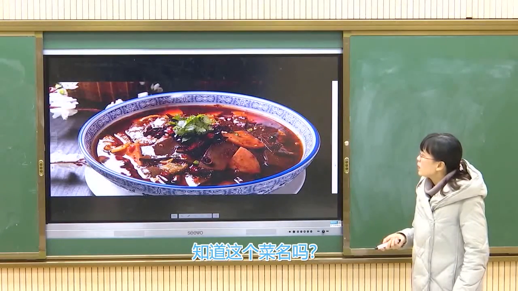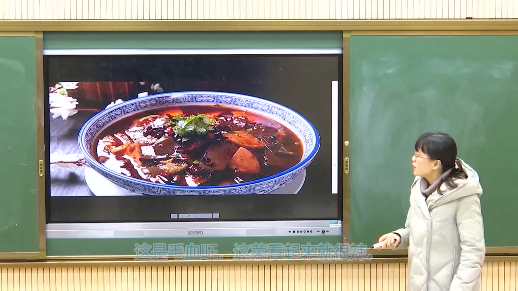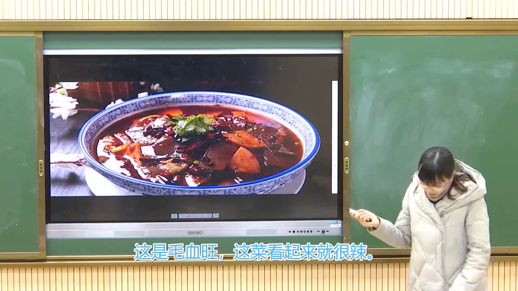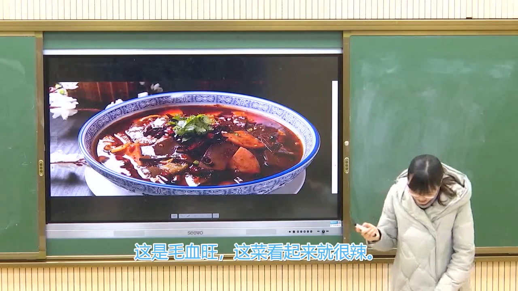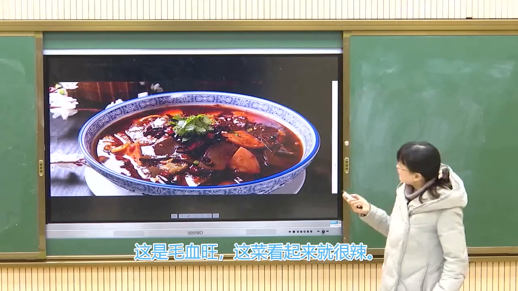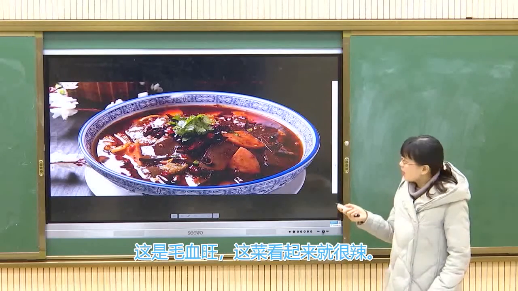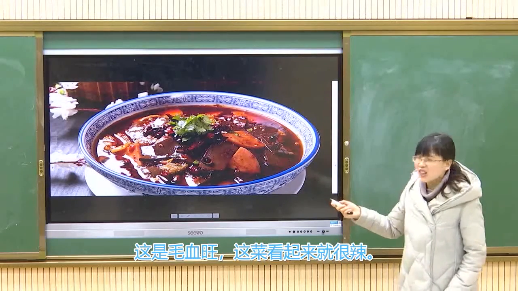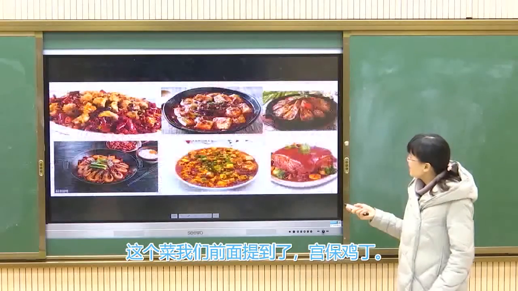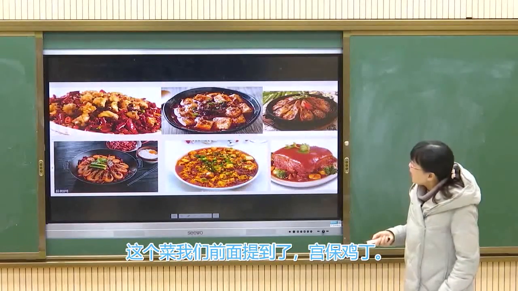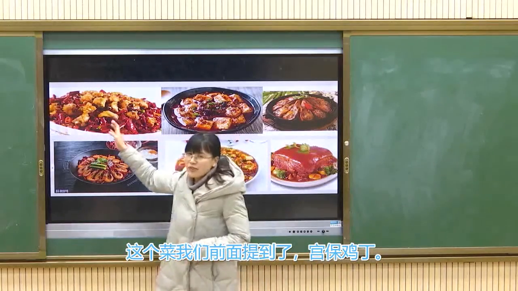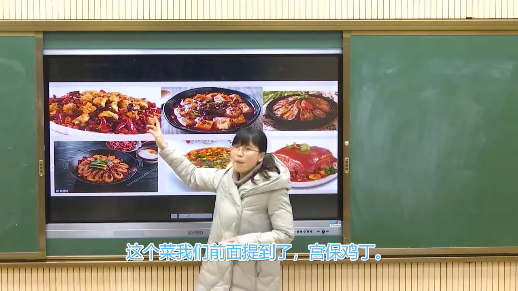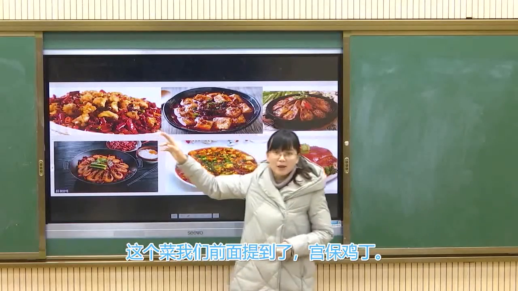Do you know the name of this dish? This is 毛血旺. In English, that is duck blood in chili sauce. It seems very hot. And then next one. Look at this. This one we just mentioned, that is Kung Pao Chicken.